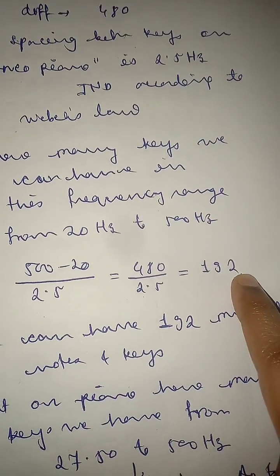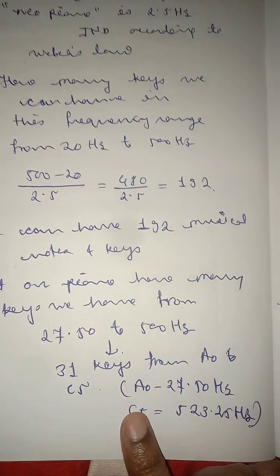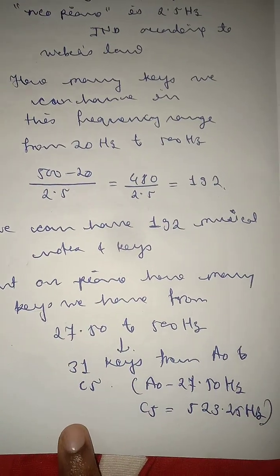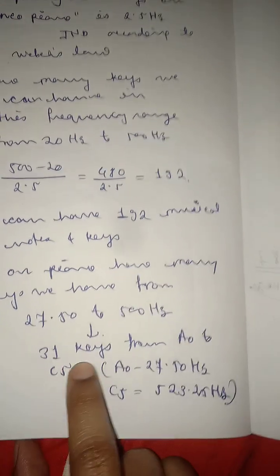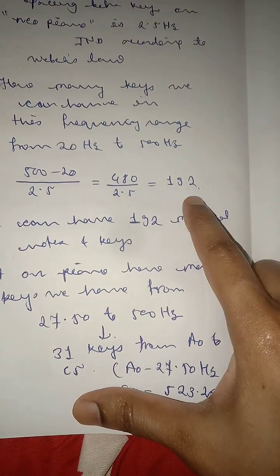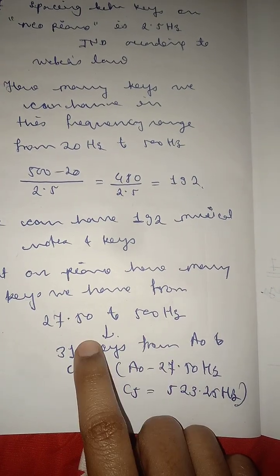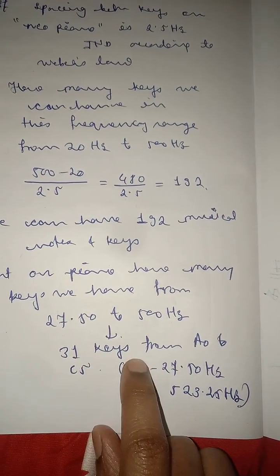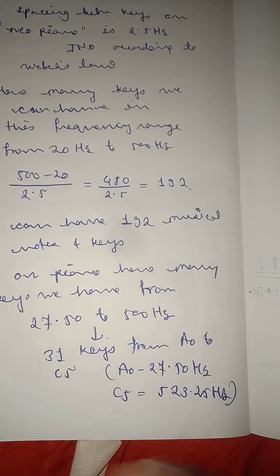We can have 192 keys in between this frequency range. Normally we do have 27.5 to 500 Hz, 31 keys, but we can have 192 keys between around 20 to 500. But a normal piano has 31 keys, from 27.5 to 523.25 Hz.